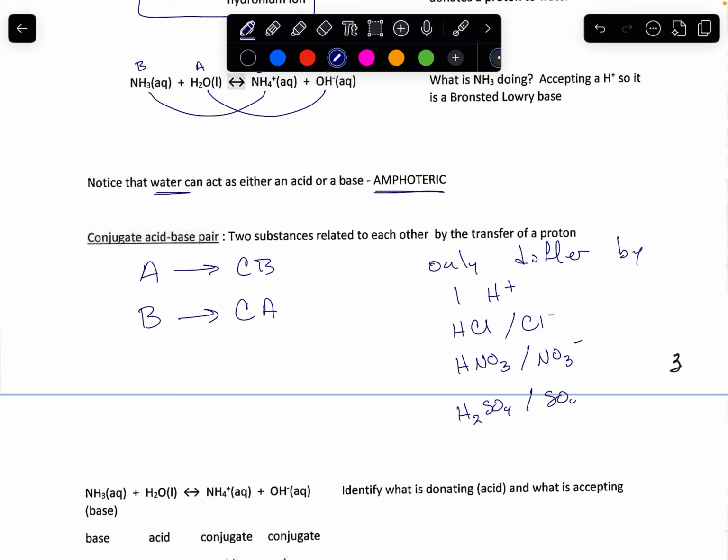If I have something like H2SO4 and SO4 2 minus, that's not a conjugate acid-base pair because they differ by 2 hydrogens. I could do H2SO4 and HSO4 minus, and that would be one conjugate acid-base pair. Or I could do HSO4 minus and SO4 2 minus. Both of those differ by only a single hydrogen, so that makes them conjugate acid-base pairs.